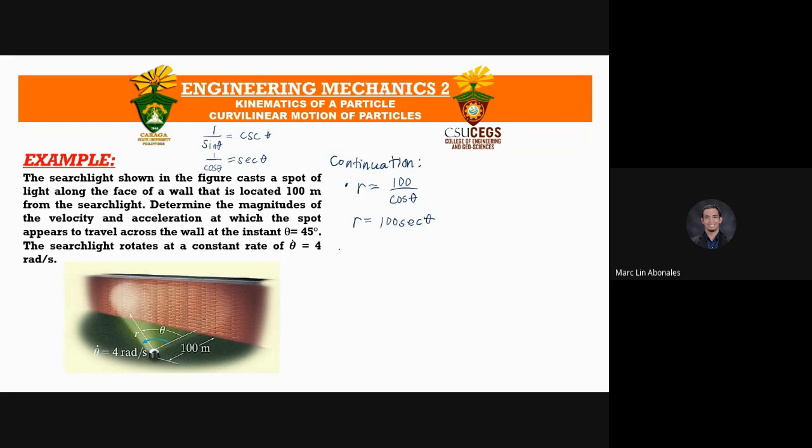So when we take the derivative, that is actually the derivative of r with respect to time. So that is 100 secant theta with respect to time. Every time we differentiate equations here in cylindrical components, we are differentiating with respect to time.